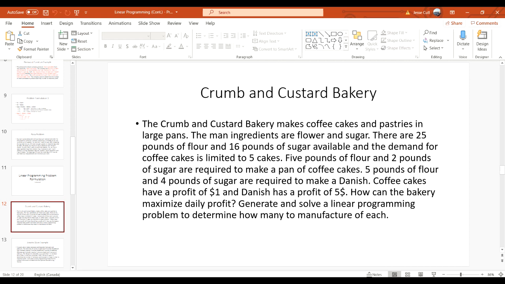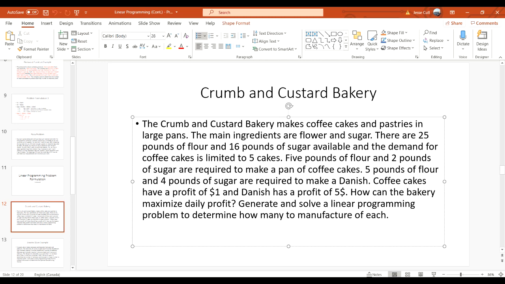The crumb and custard bakery makes coffee cakes and pastries in large pans. The main ingredients are flour and sugar. There are 25 pounds of flour and 16 pounds of sugar available, and the demand for coffee cakes is limited to 5 cakes. 5 pounds of flour and 2 pounds of sugar are required to make a pan of coffee cakes. 5 pounds of flour and 4 pounds of sugar are required to make a Danish.